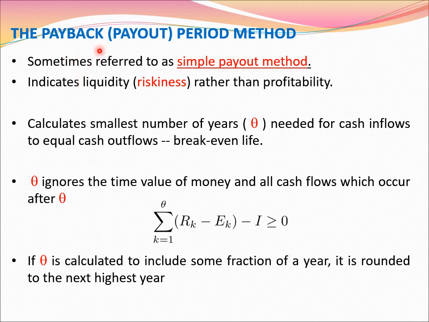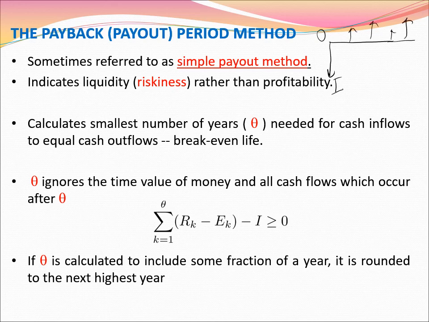This payback period looks at the liquidity of the project. What is liquidity? Liquidity simply is when you are earning your money back. As I told you, usually in investments at time 0, we have a lump sum amount, an investment amount, and after that we start earning money.